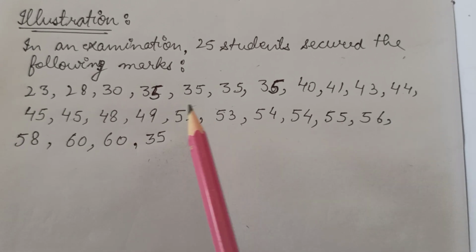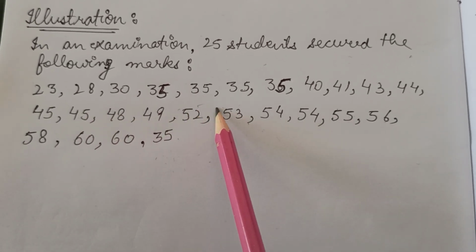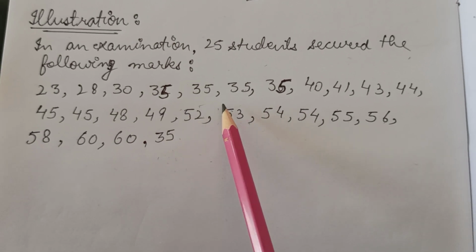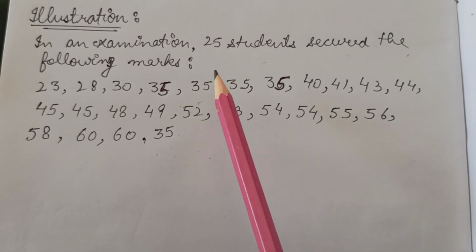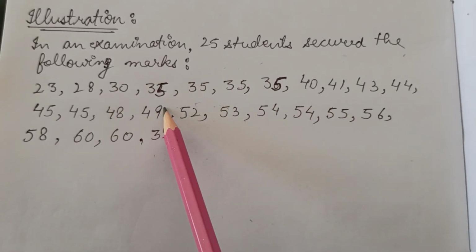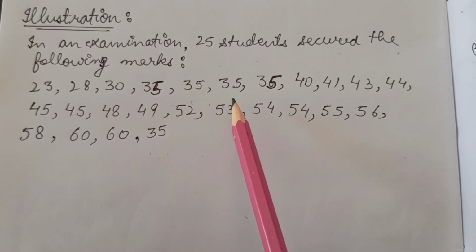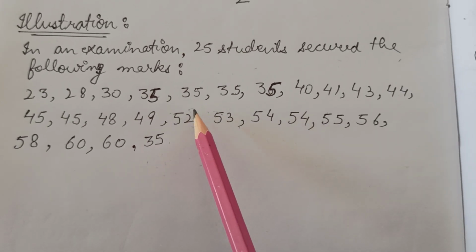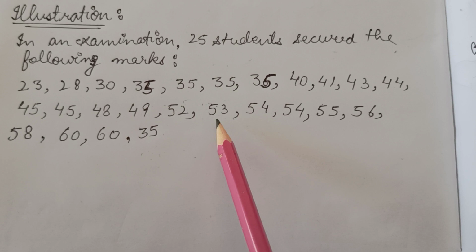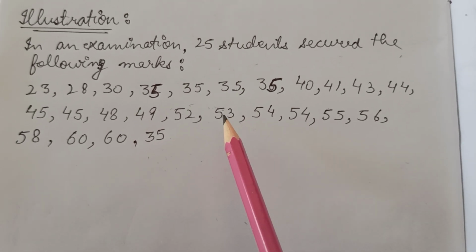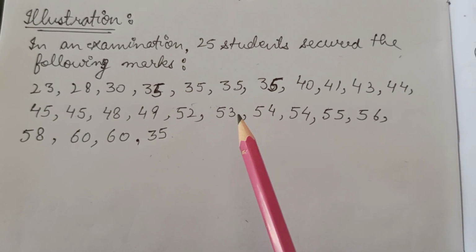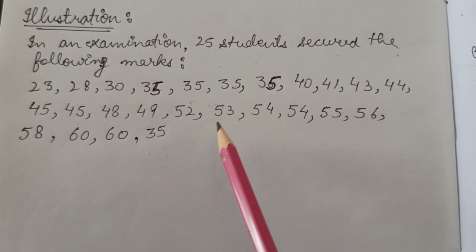So what I will do is convert this collected data. Now you must be wondering how this data has been collected. I randomly took the data from a class of 25 students and asked them about their marks secured in statistics. Maybe I wanted to collect information about how many students have actually given the statistics exam, how many students have secured above 40 marks, or how many students have secured marks from 50 to 60.